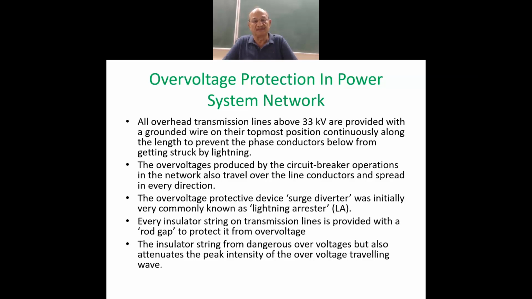The topmost conductor is ground, which conducts the discharge current to the ground, and it provides an envelope, a volume below it, under which the installations are protected from the lightning strike.